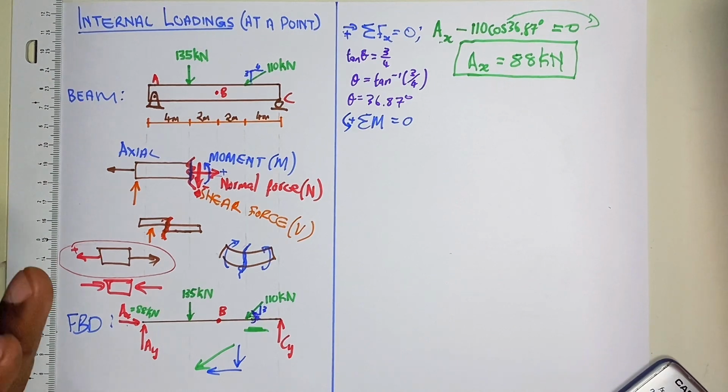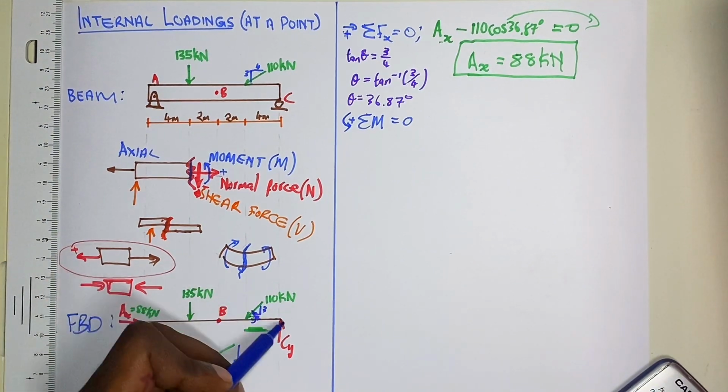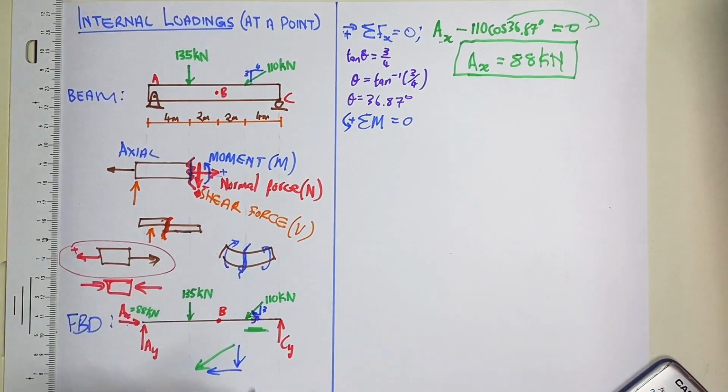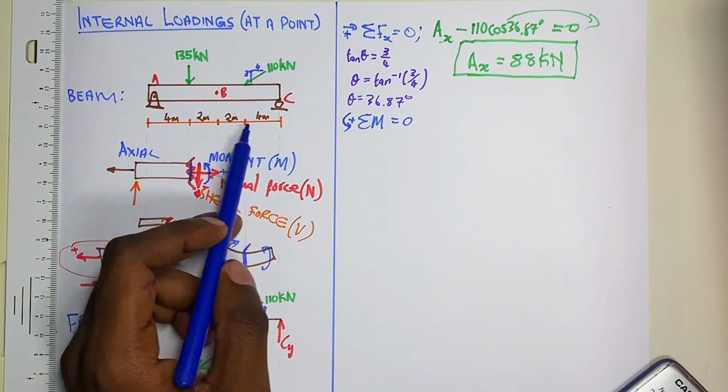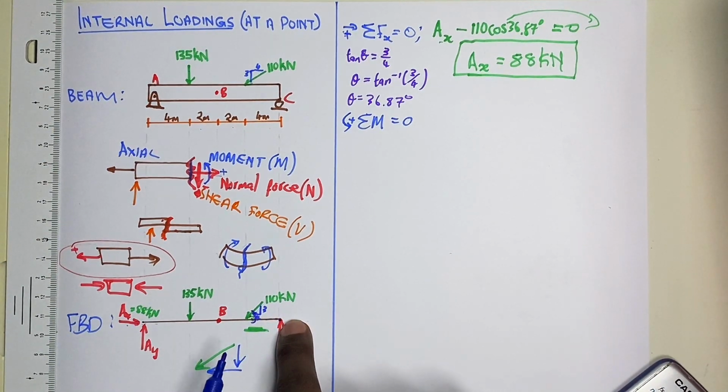That is important to always remember in structural analysis. A force that is acting across the point of rotation, even if it is acting at a distance, will not cause any moment. For example, this AX is acting at a distance of 4, 6, 8, 12 all the way here, but because it is across the axis, the plane of our rotation, it will not cause any moment.